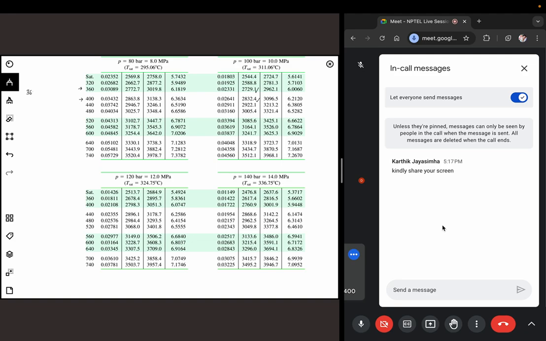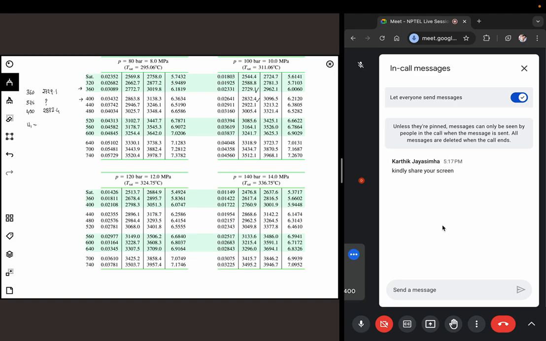So you have 360 and 400. At 360, the value is just linear weightage.